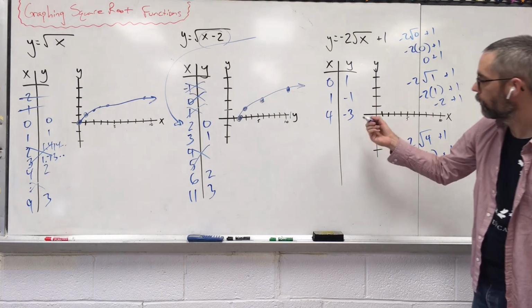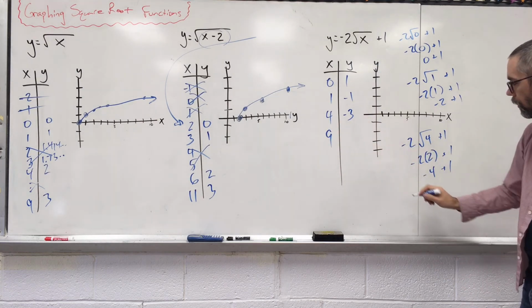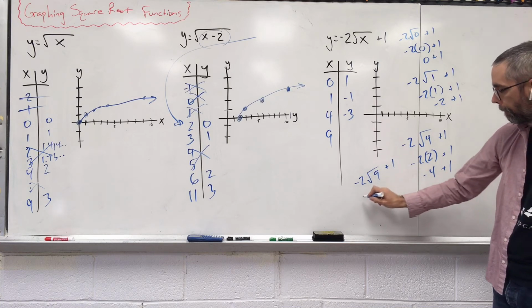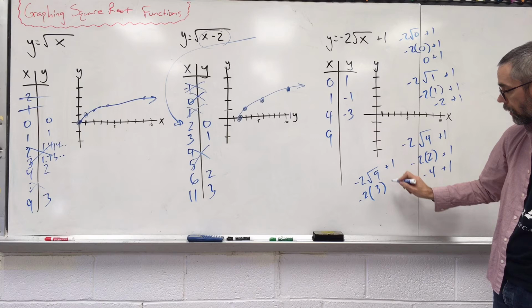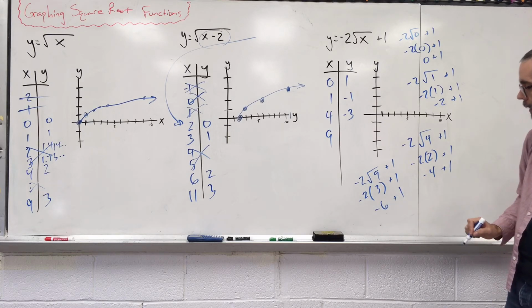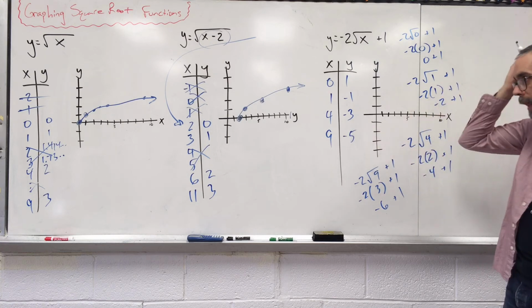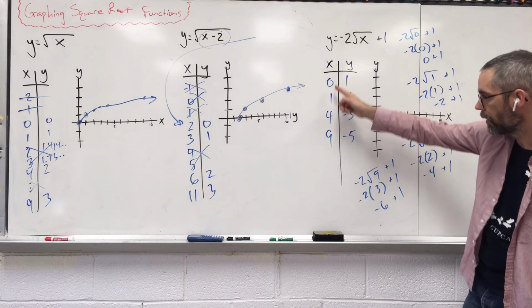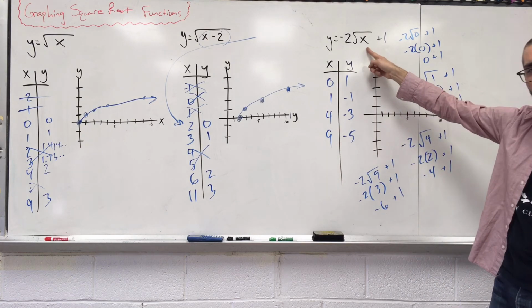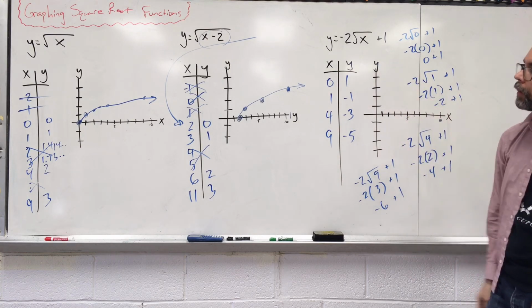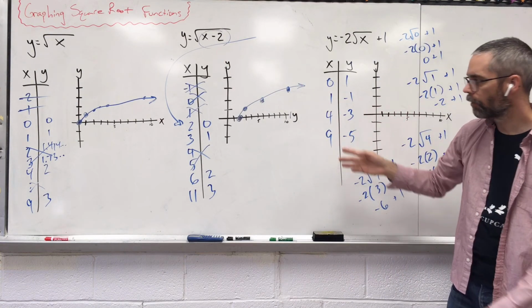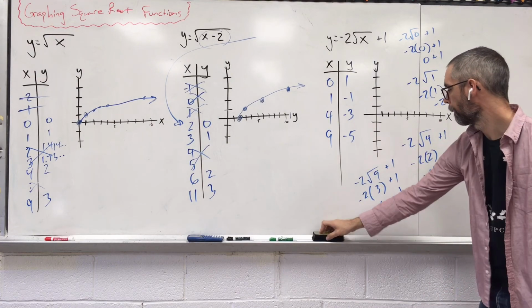And then we can jump all the way down to 9. So -2 square root of 9 plus 1, -2 times 3 plus 1, multiplication, -6. And that's going to give us a -5. So now it might be a little easier to see that all these numbers in this x column, they're all perfect squares, because that's the only thing we can take the square root of here. When you happen to have another number inside, those perfect square numbers are going to shift a little bit.